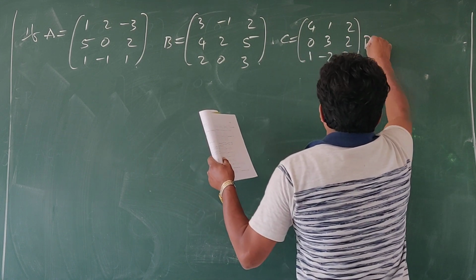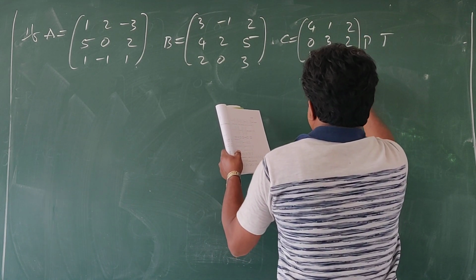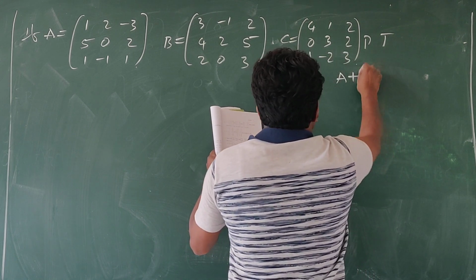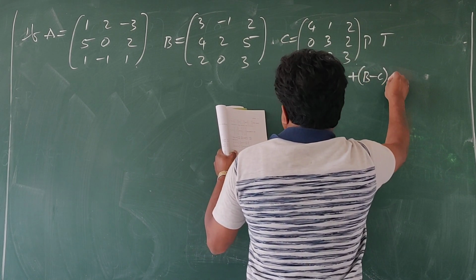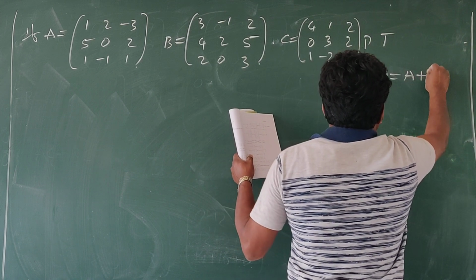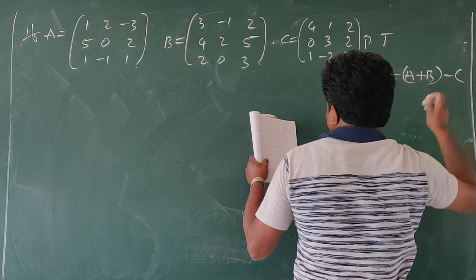So prove that A + (B - C) is equal to (A + B) - C.